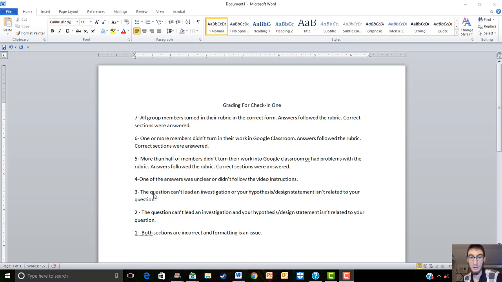Then you have a 3. This will mean that your question can't lead an investigation. If your question can't have an investigation to be able to solve it, or you build something and create a design statement to help answer that question, then it's not really relative to the project. It's not relative to learning how to create something as a scientist in a scientific mindset.